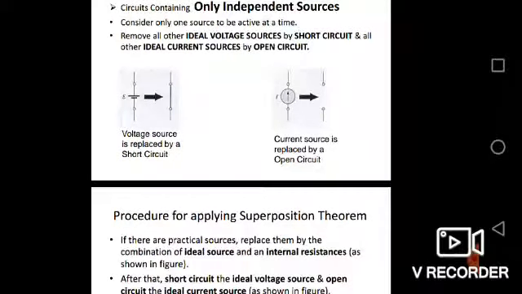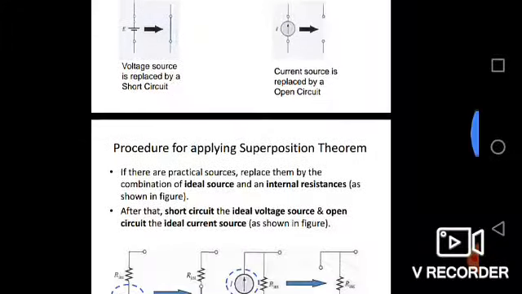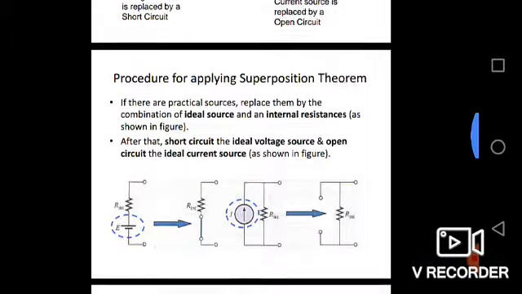The reason we short circuit the voltage source and open circuit the current source is that the source is replaced by its internal impedance, and the internal impedance for an ideal voltage source is 0, and for an ideal current source is infinite. So the current source is open circuited and the voltage source is short circuited.